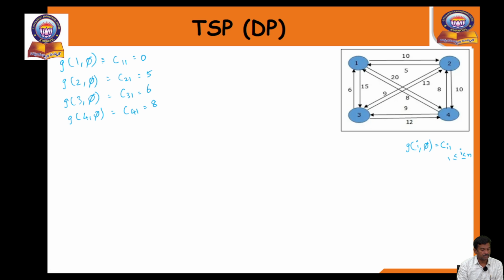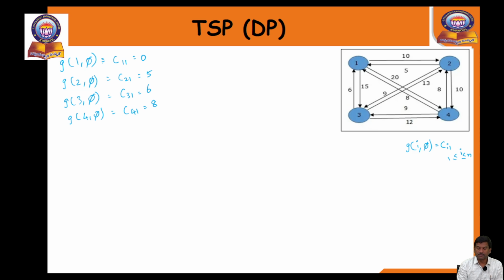And the next thing you have to consider is g(i, S). That is, if you exclude the vertex 1, what are the various vertices that can be reached? Out of these, what is the minimum? The minimum is equal to 2.